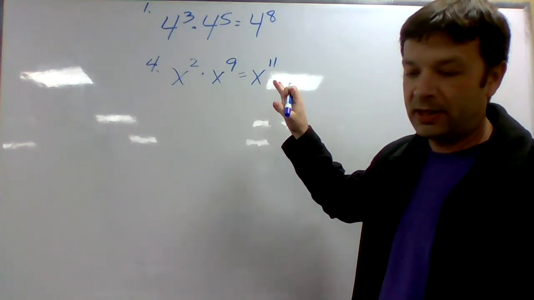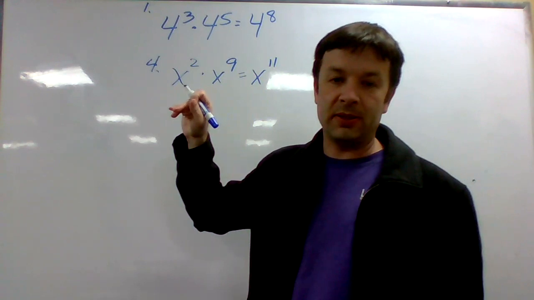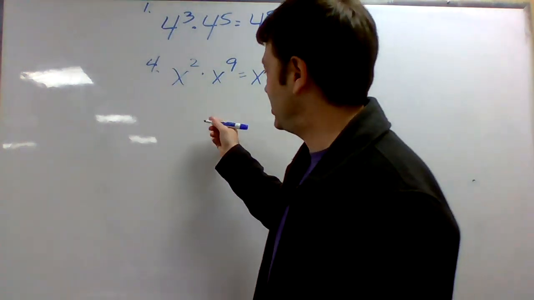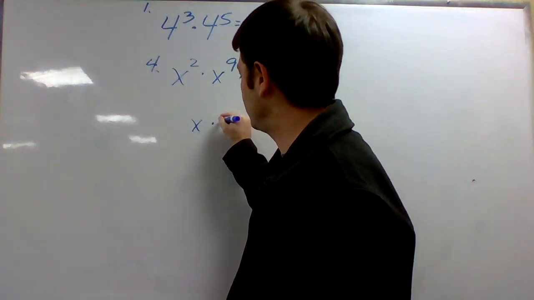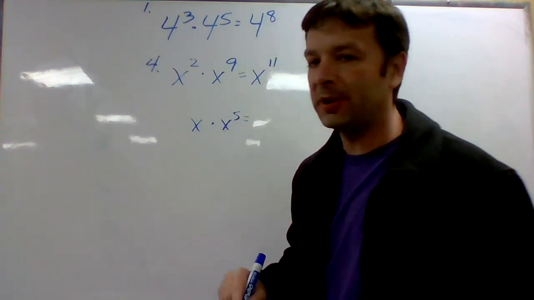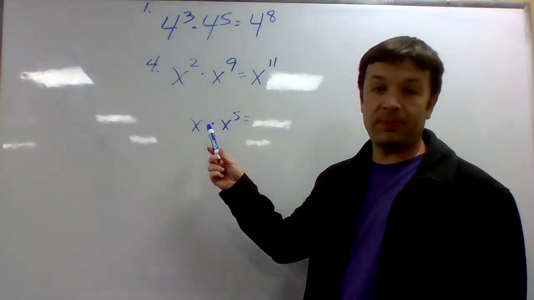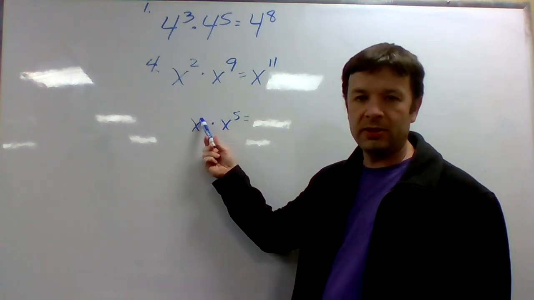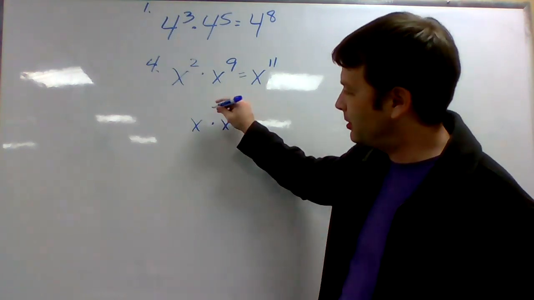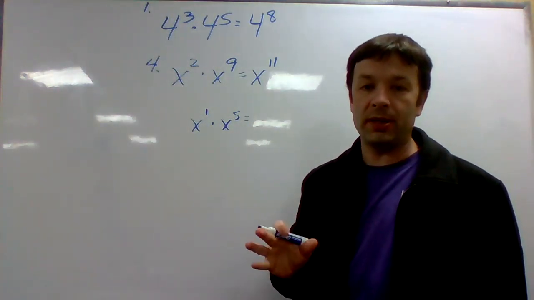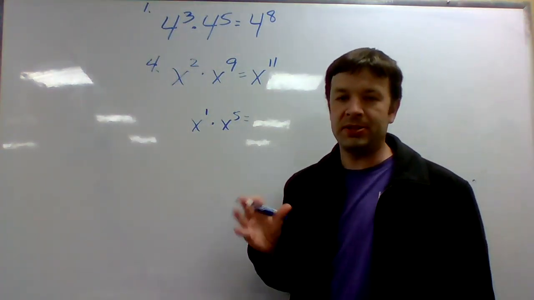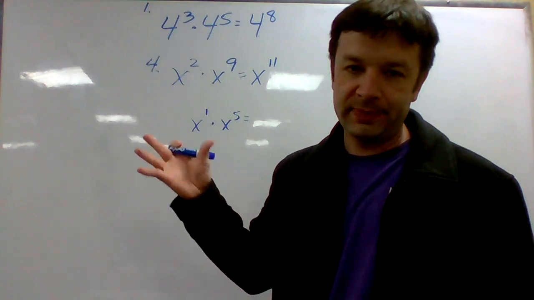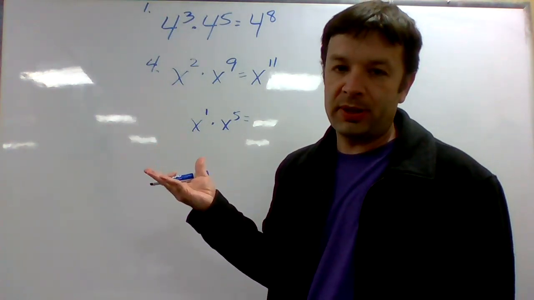Now I need to back up a little bit because I see an issue. What if it had been like x times x to the fifth? This would apply to like number 3. Well, if there's no number up here, what does that mean? If there's no number, the exponent is like a 1. So x to the 0 would be worth nothing, kind of.